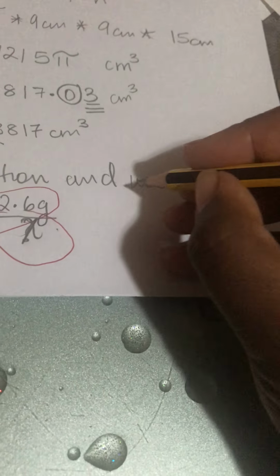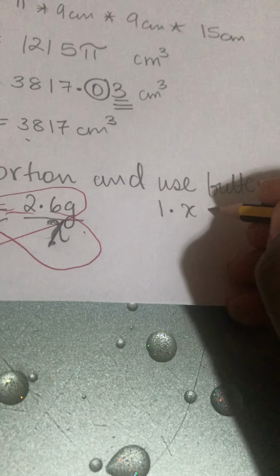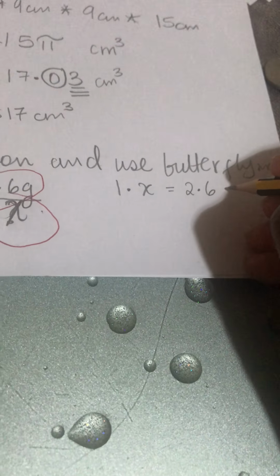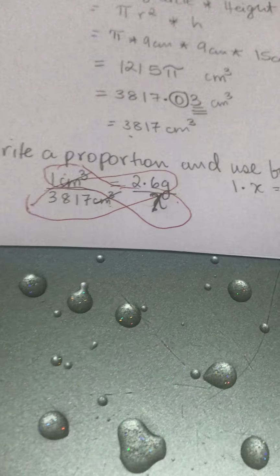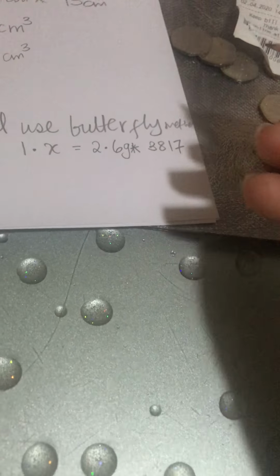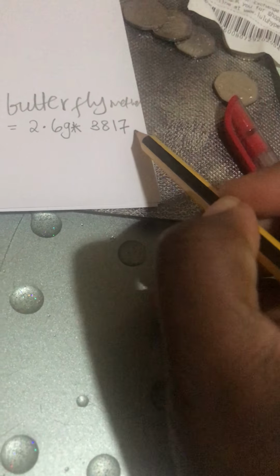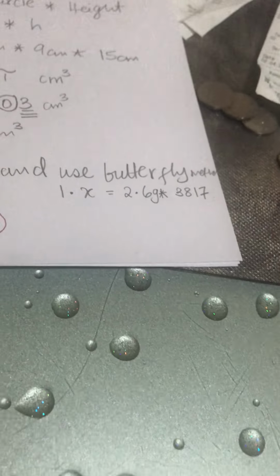Okay. So 1 times X equals 2 6/10 grams times 3817. Now remember, it doesn't have a unit, so I can't write centimeter cube here because we crossed them out here when we divided. Okay?